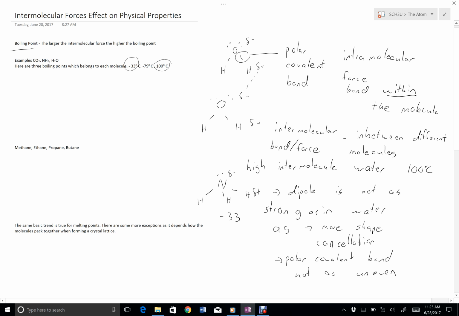And that leaves us with CO2. Who does have a bond that's polar. These are polar covalent. But its linear shape is symmetric. So that cancels out any dipole that might have been formed.